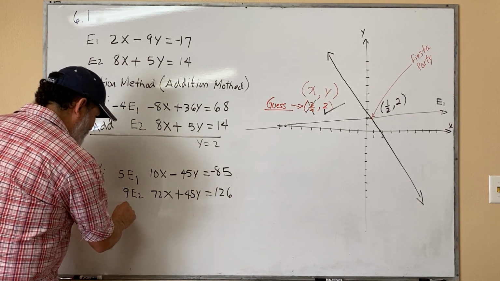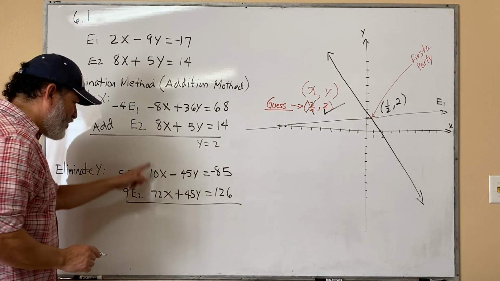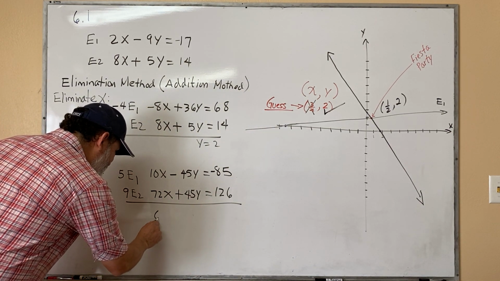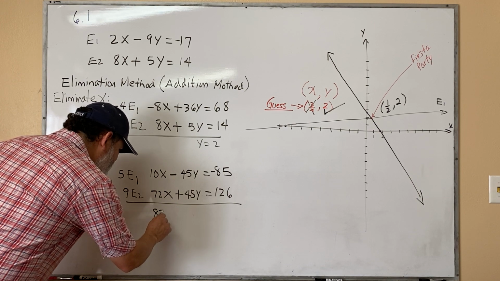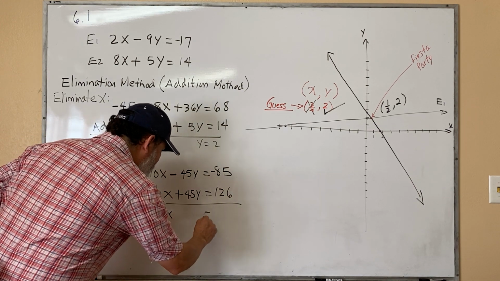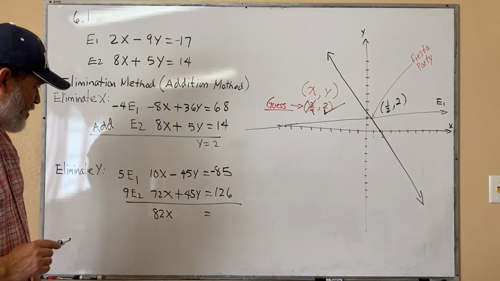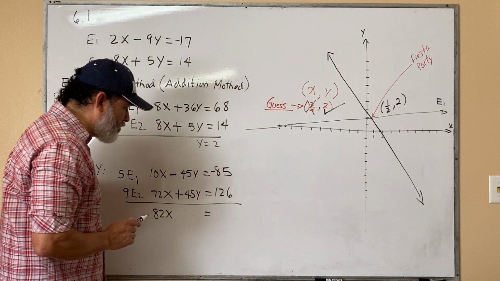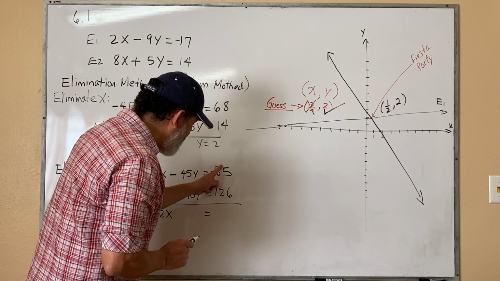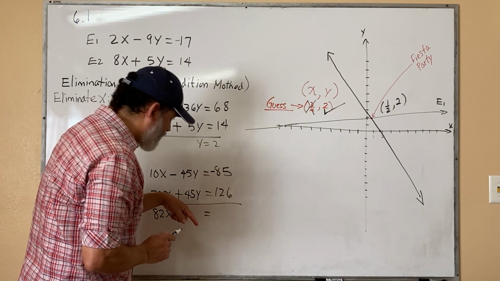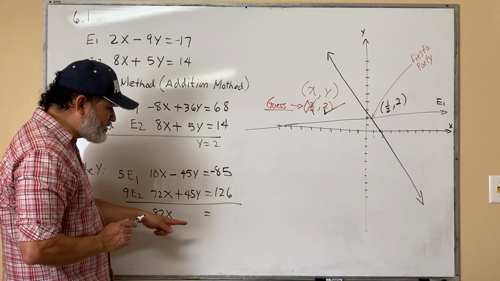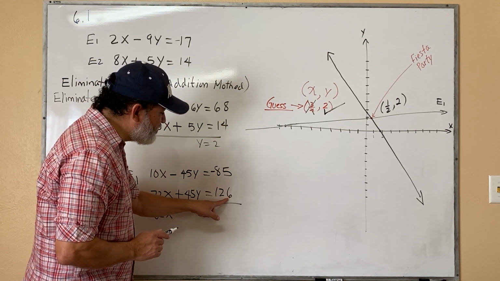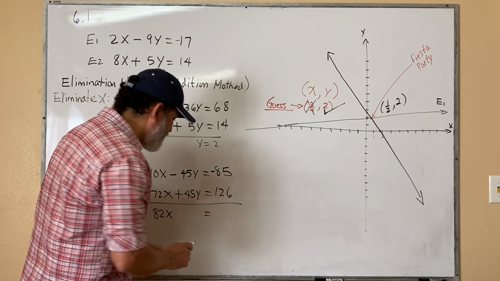And so now I'm going to add. And what is this? This is 82x equals 2. All right. And what is this? Whoa. Okay, well, let's just do it like this. Look, I'm going to do it like this. 6 minus 5 is 1.